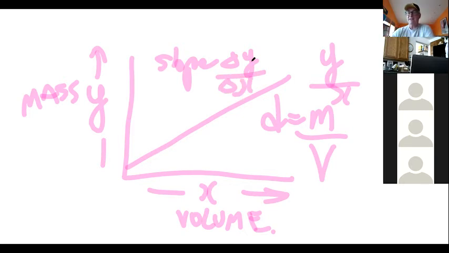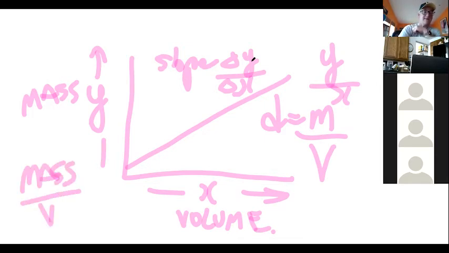And since we want x to be in the denominator and y as the numerator, we want mass over volume for our density. So what will be the slope of this line? The density. It'll be the density, exactly.